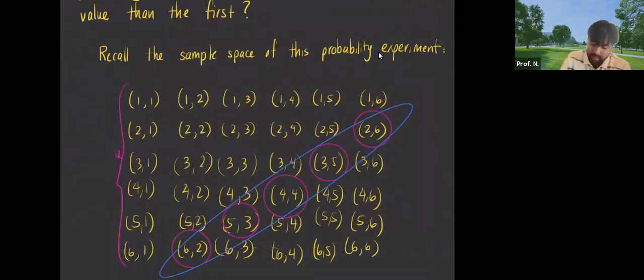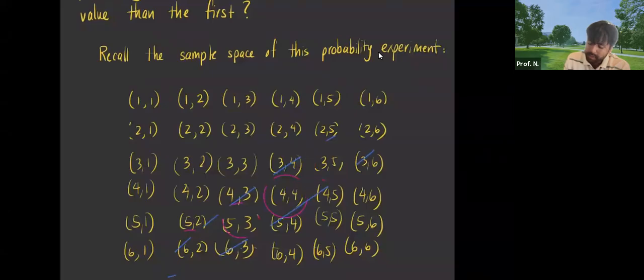And let me just take away this, because I don't need it; it's from the previous problem. But what do we want? So this is the sample space, and I want the second roll of the die to be bigger than the first roll. Do you see how we can enumerate that, or see which of these pairs, these outcomes, satisfies that condition?